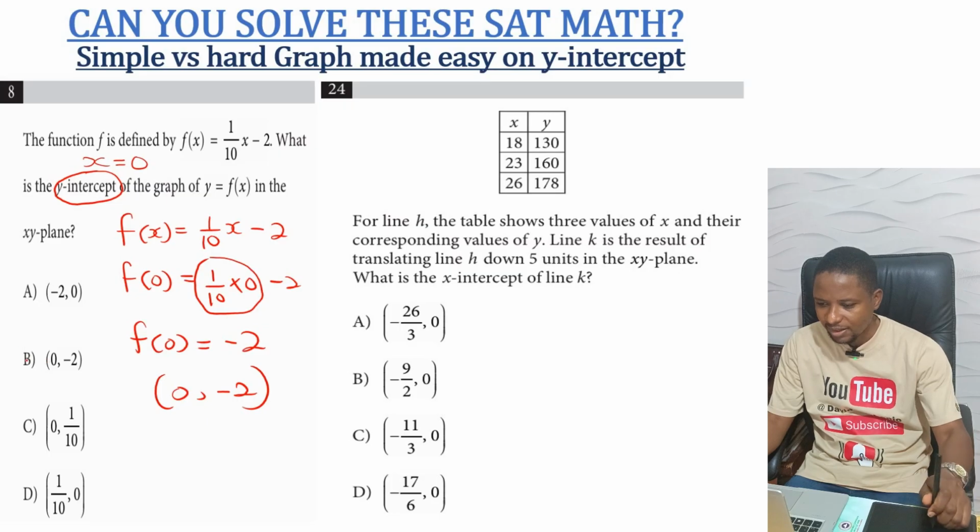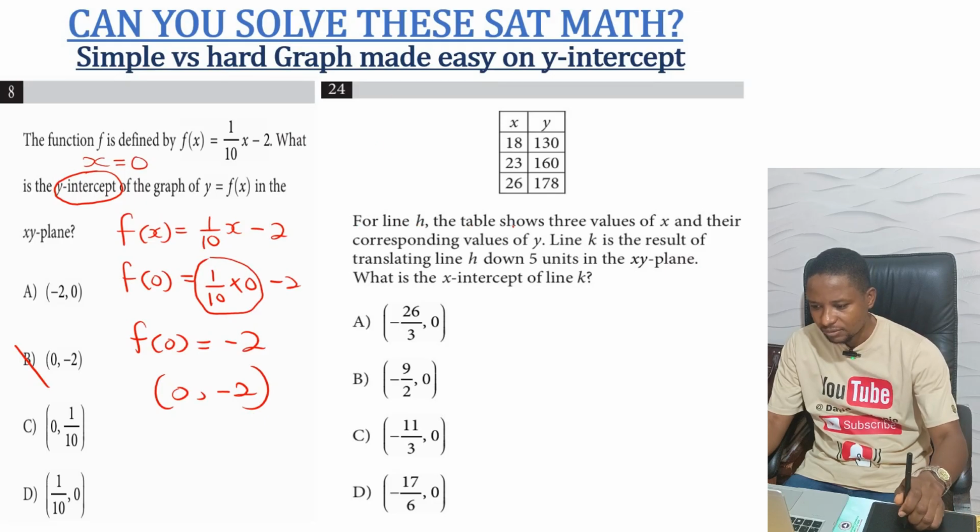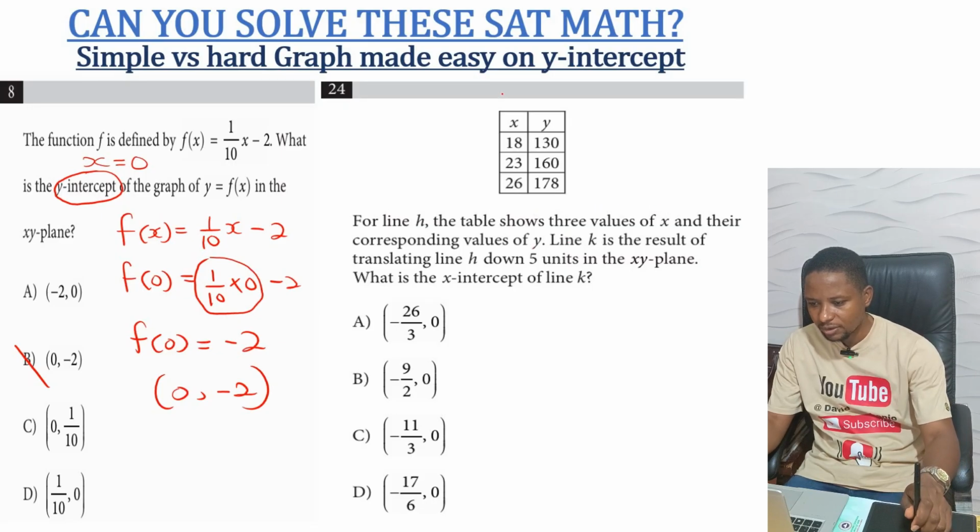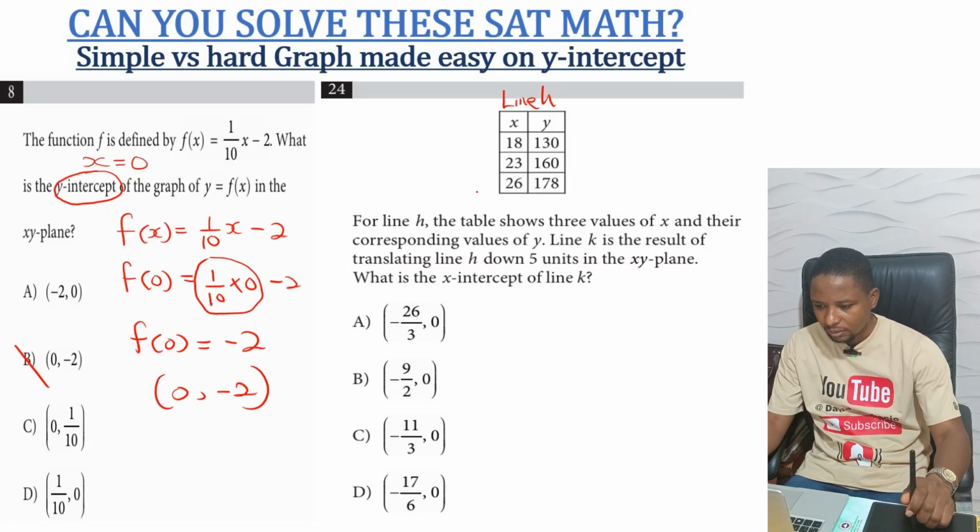Option B. Now let's look at the challenge one made easy. For line H, the table shows 3 values of x and their corresponding values of y. So the information here is for line H. Line K is the result of translating line H down 5 units in the xy plane.